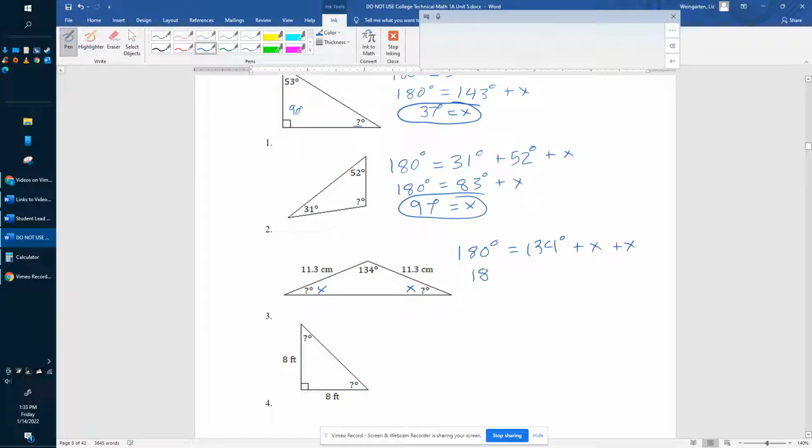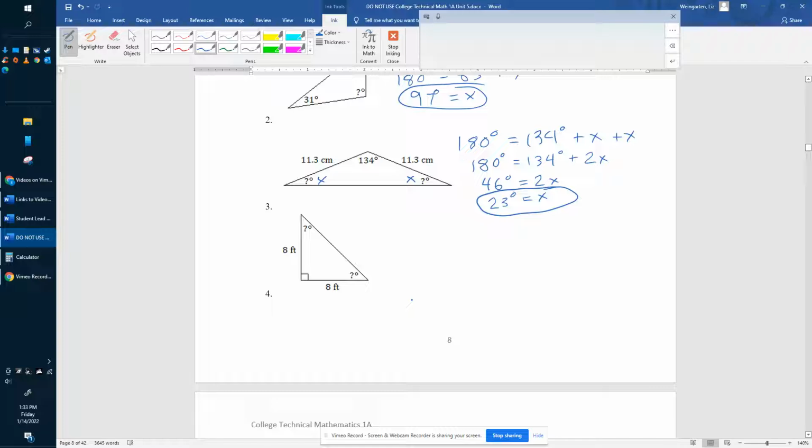So 180 degrees equals 134 plus 2x. Subtract 134 from both sides, and we get 46 degrees equals 2x. So 23 degrees equals x. So each of those angles is 23 degrees.